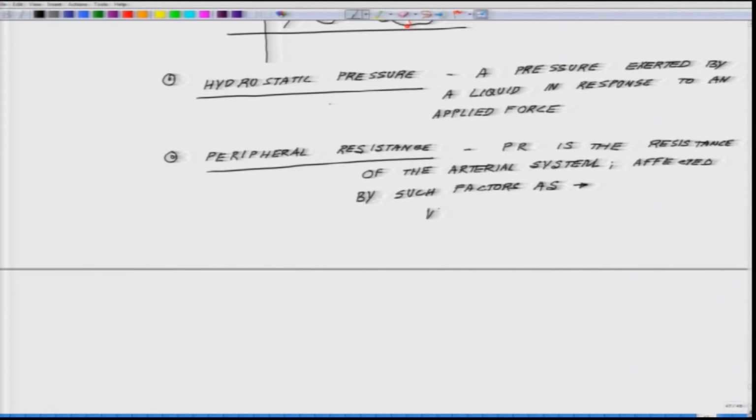Vascular resistance, viscosity and turbulence.